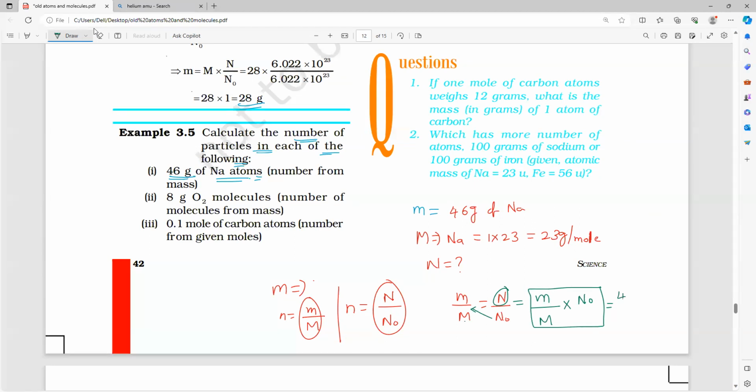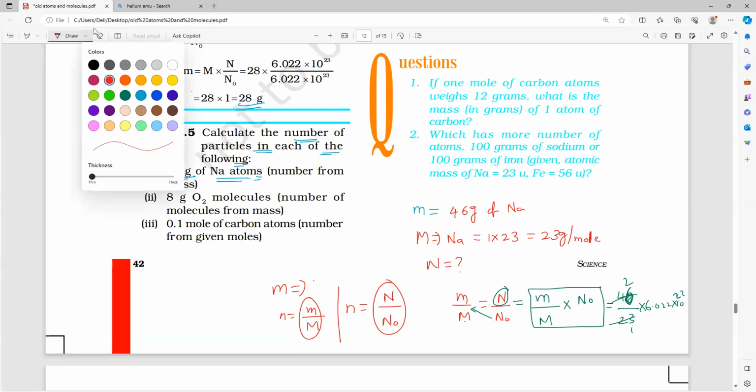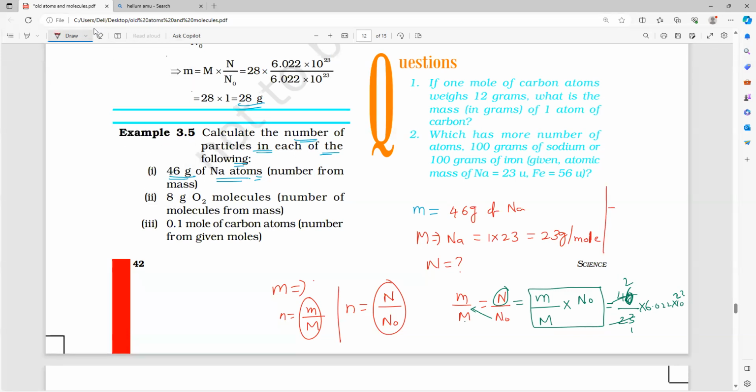So given mass is 46. 46 divided by molar mass 23 into Avogadro number. Do it fast, everybody. 23 ones are 23, 23 twos are 46. Over. Am I right, guys? So the answer is 2 into 6.022 into 10 power 23.